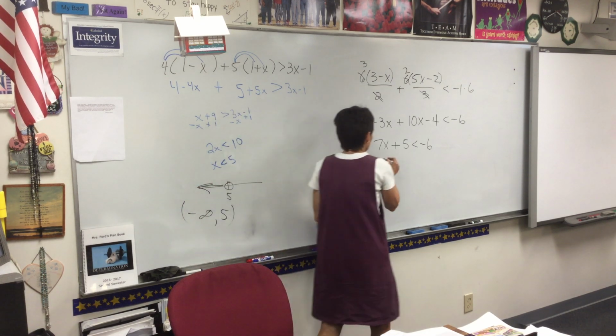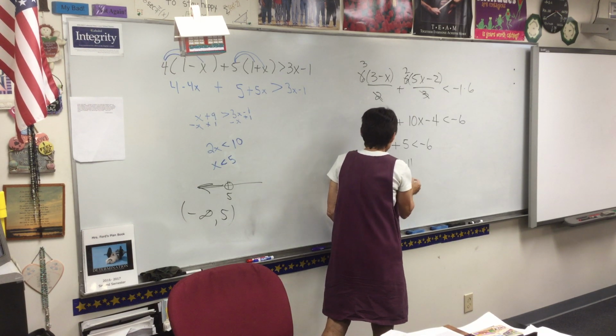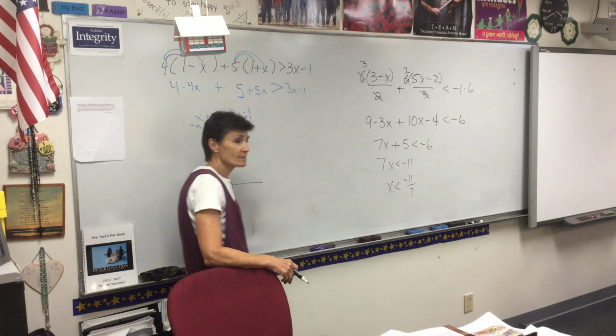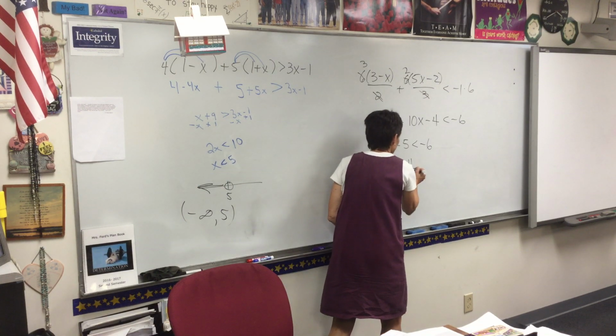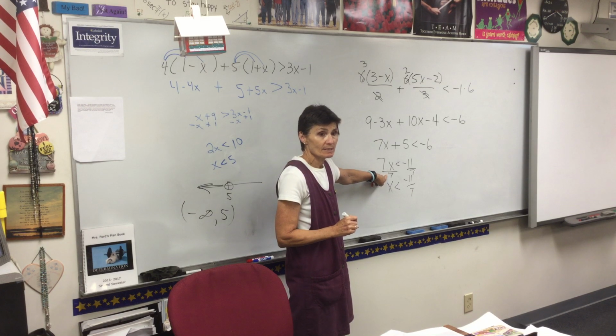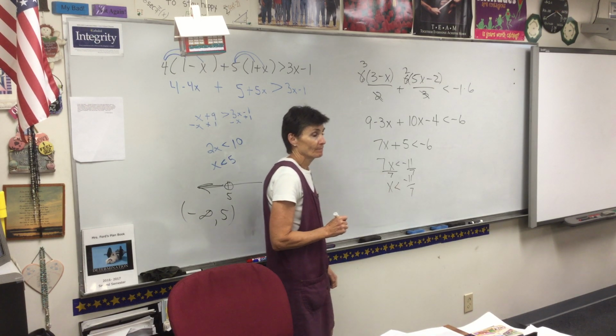And a 7x less than -11. Do not switch that sign. That's what I was saying. No, we don't switch the sign. You only switch the sign if your divided by number is negative. Your divided by number is positive. So the sign does not change.